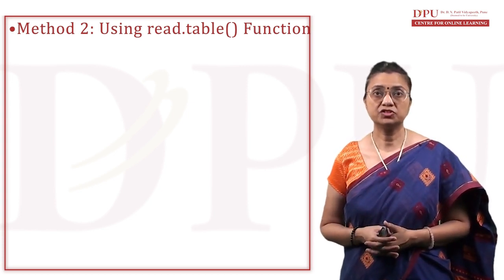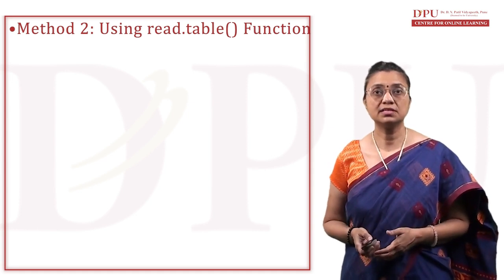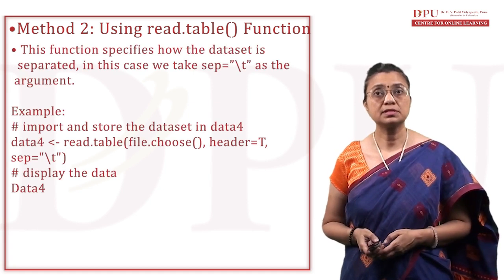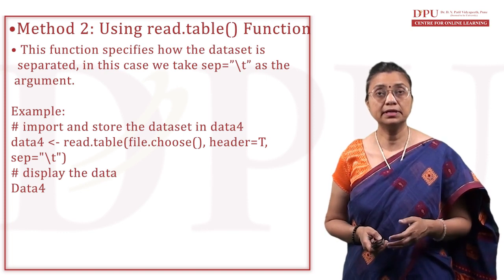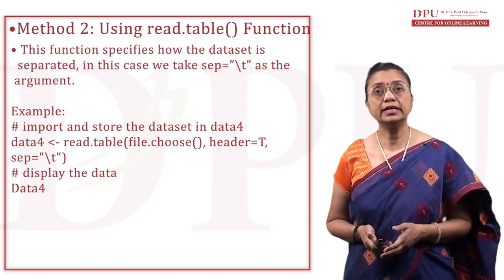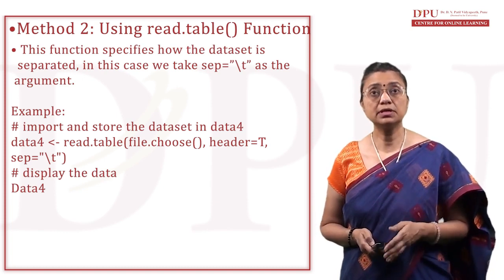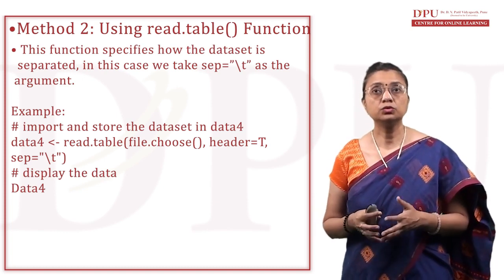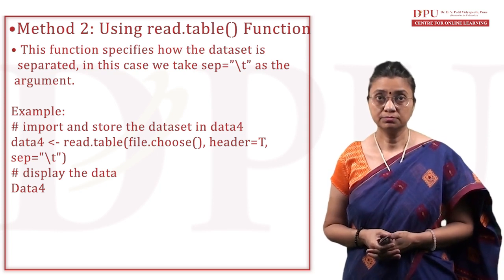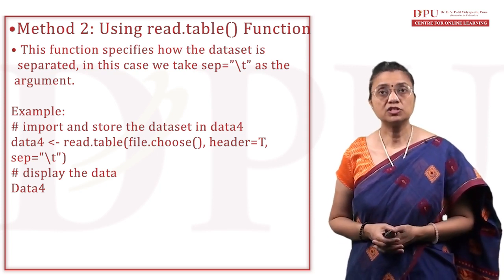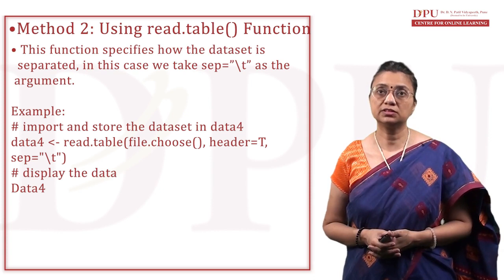So students, we have seen that we can use the read.delim function for a tab delimited text file. But the same thing can be done using the read.table function. But how? This function specifies how the data set is separated.